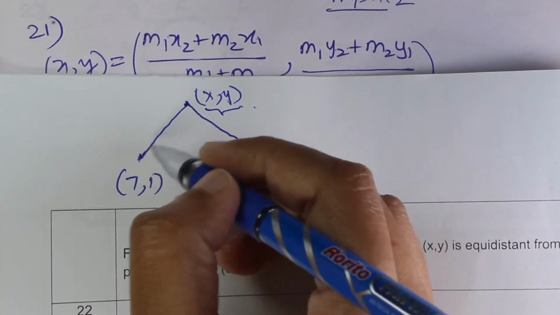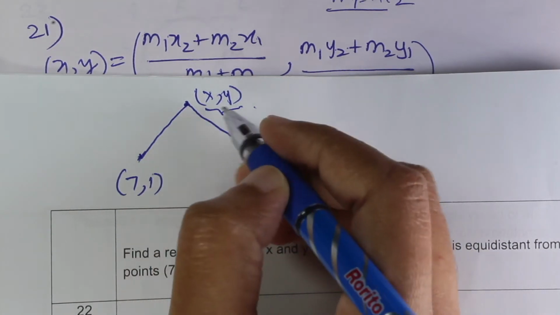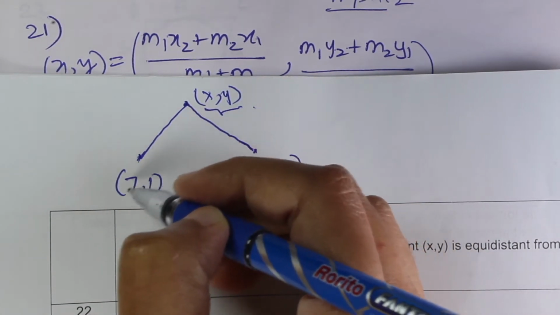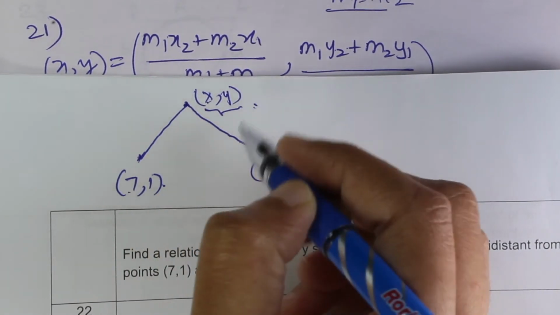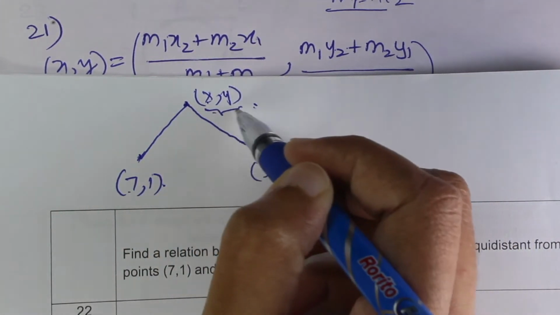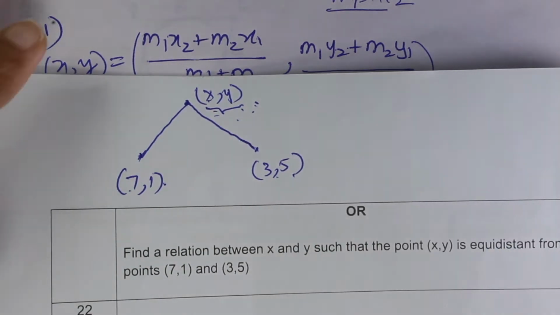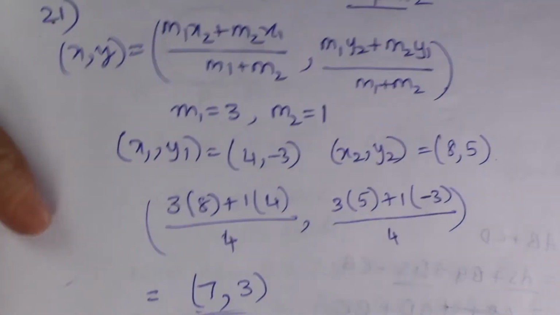This is the question. From this diagram we realize that the distance between 7, 1 and x, y is equal to the distance between 3, 5 and x, y. So we will represent that in the equation form.